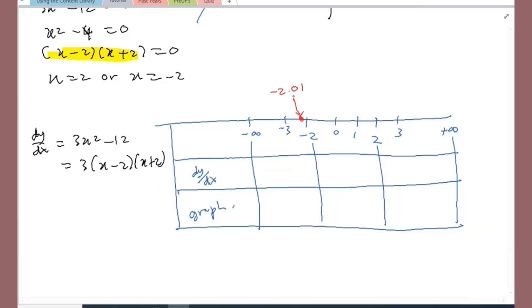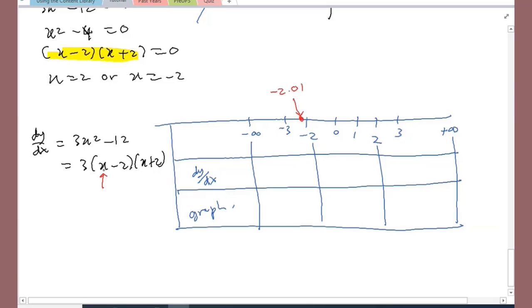If you choose negative 4 or negative 5, maybe there's a problem, as the graph may change its behavior. So it's better to choose the nearest number, the neighborhood of negative 2, like negative 2.01 or negative 1.9.